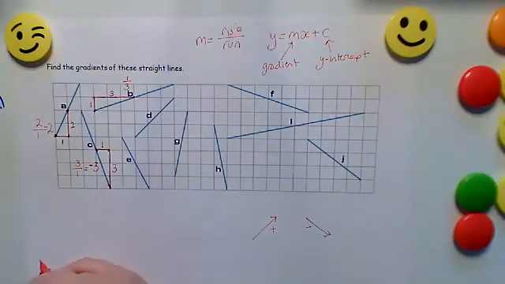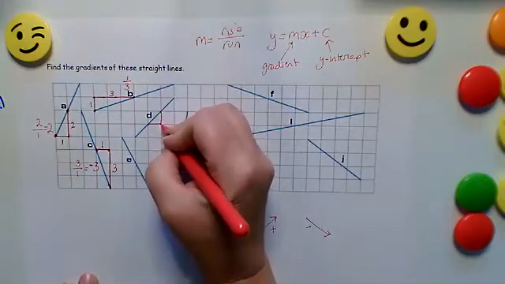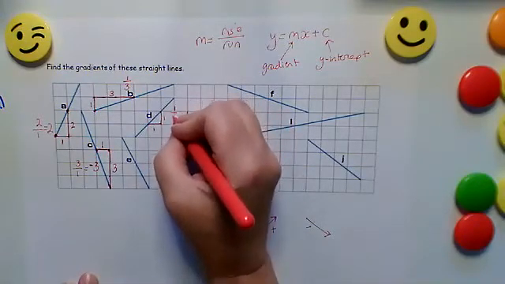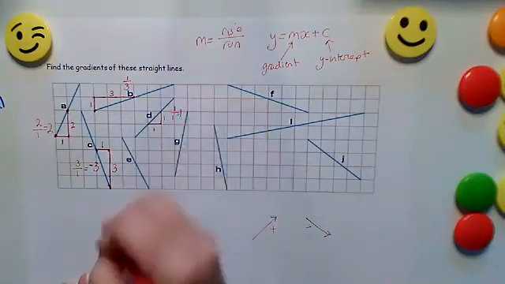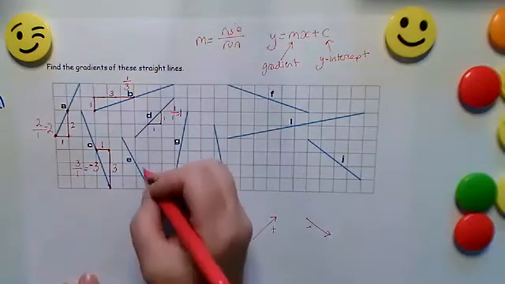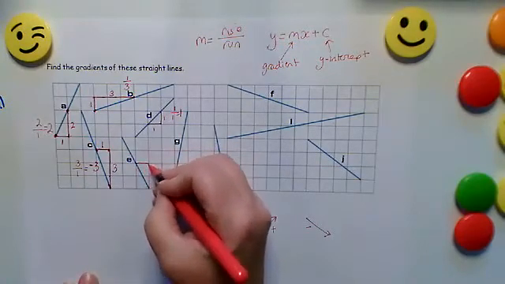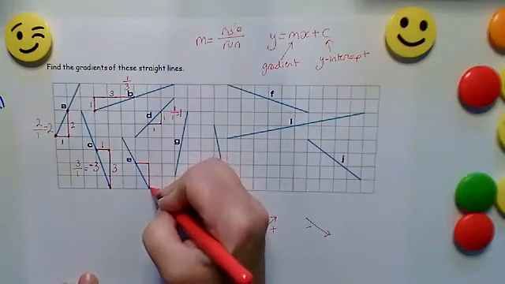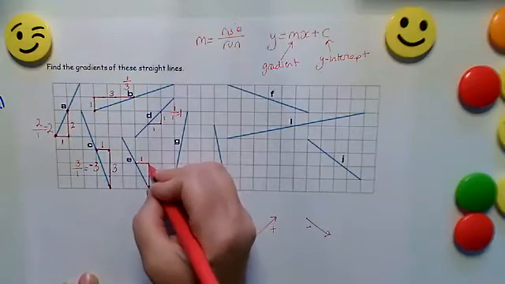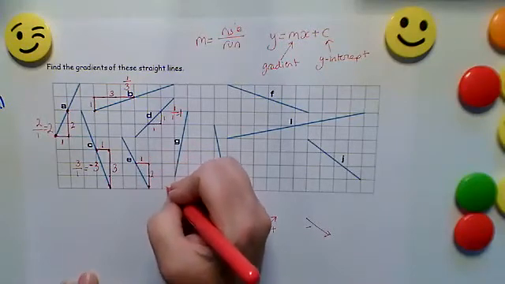Okay, let's have just a couple more. For line D, along 1 and up 1. So the rise is 1 and the run is 1. So that is a gradient of 1, and a positive 1 because it's forward sloping. And we'll just look at E rather. This is a backward sloping line, so straight away I know it's going to be a negative gradient. I've got a run of 1 and a rise of 2.